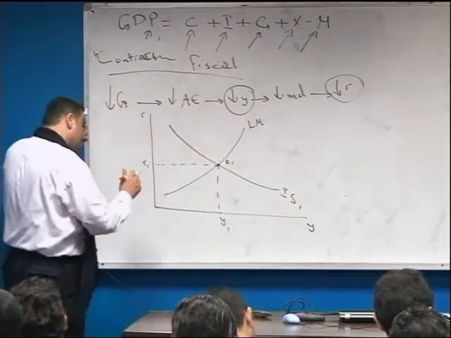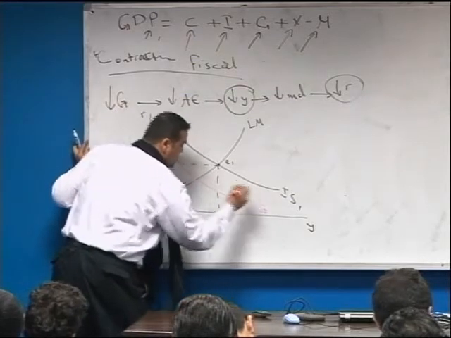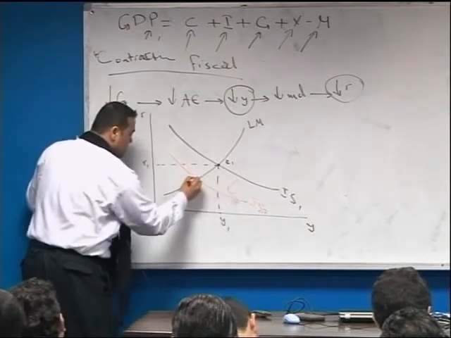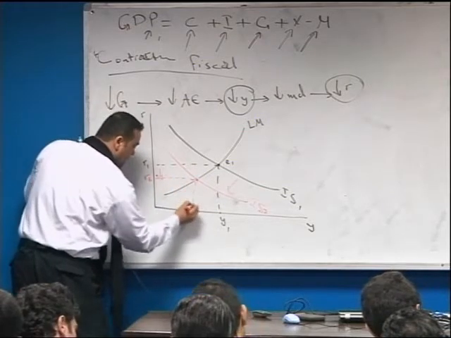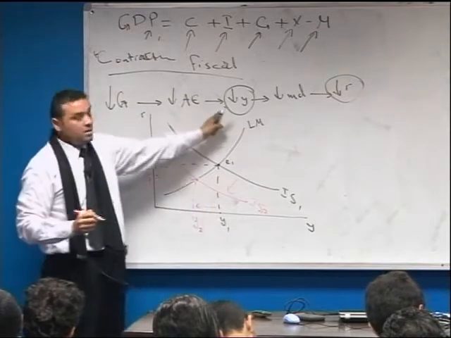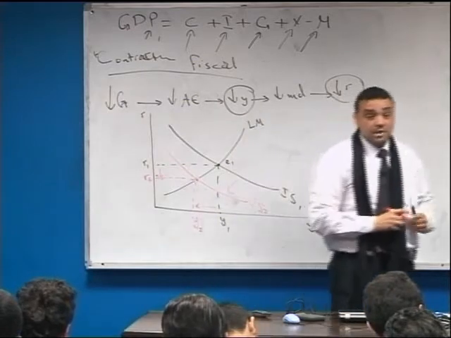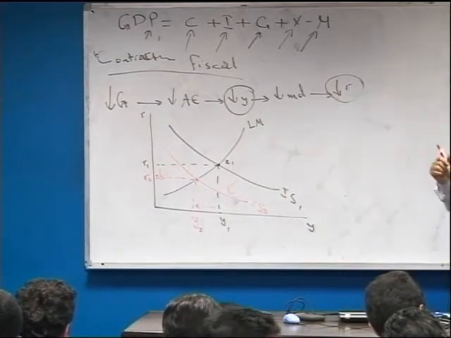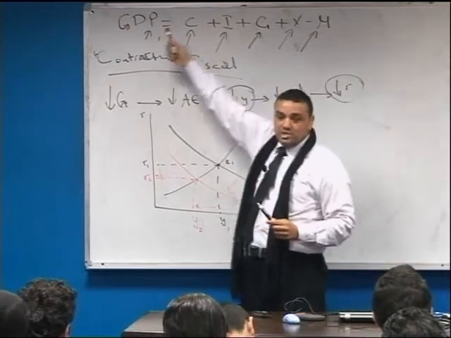So let's do a leftward shifting in the IS curve, IS2. What happened? R has declined to R2 and Y declined to Y2. Right? Declining in Y, declining in R. Okay.